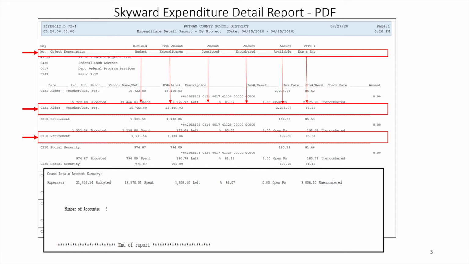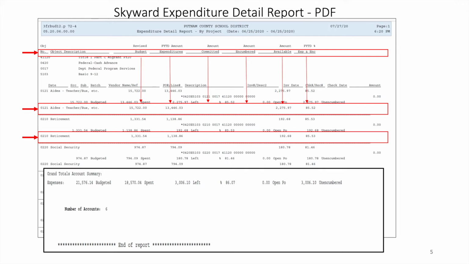And if you go down to the row with the second arrow, this is an example of one object, Object 121, which is a teacher aid. We know that that line had a beginning budget of $15,722. Year to date spent is $13,446.03. There are no open POs for this, so it has a remaining balance of $2,275.97.